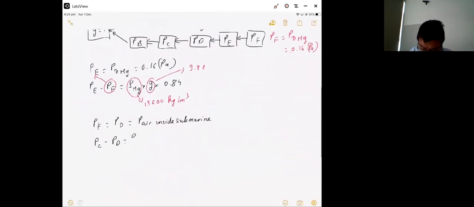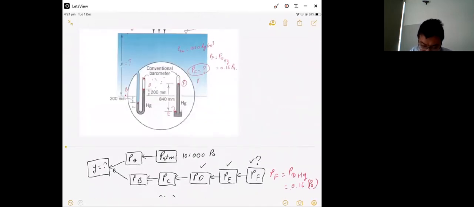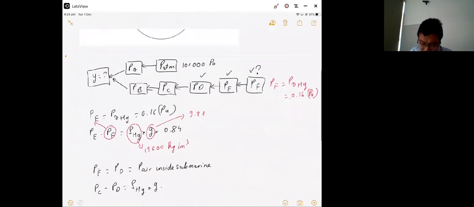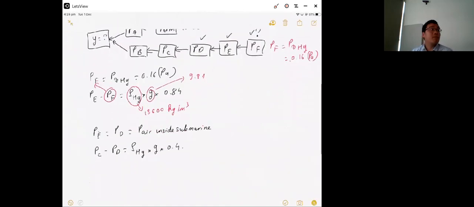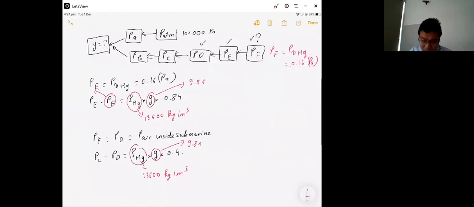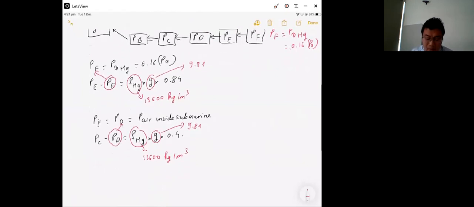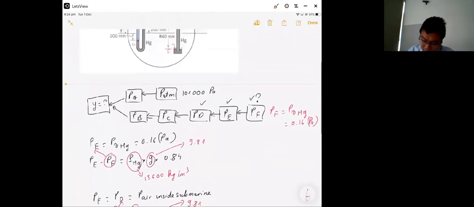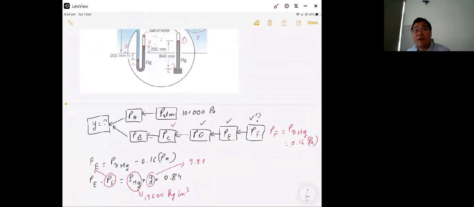So the rho of mercury, g, and the distance between C and D is 400 millimeter, or 0.4 meter, with the density 13,600 kilogram per meter cube. g is 9.81, and PD here. So from this equation you can find PC.